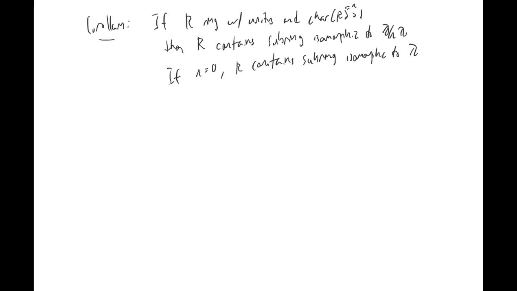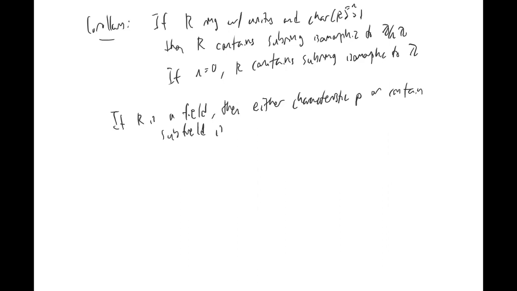So in particular, if R is a field, then either you are characteristic p, or you contain a subfield isomorphic to Q. Again, use the corollary above.